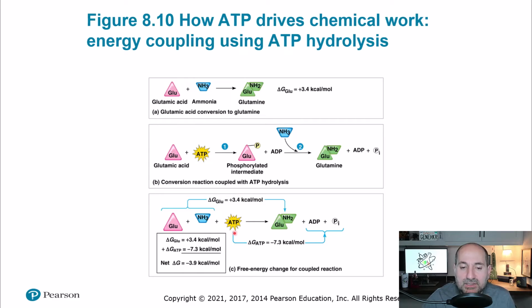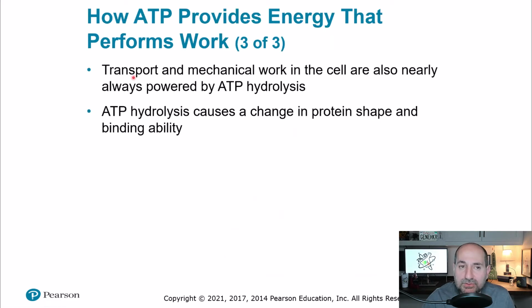Transport and mechanical work in the cell are also nearly always powered by ATP hydrolysis. The use of ATP is the most common way that a cell can obtain the energy it needs to do work.